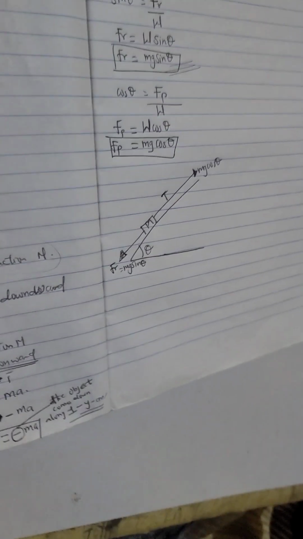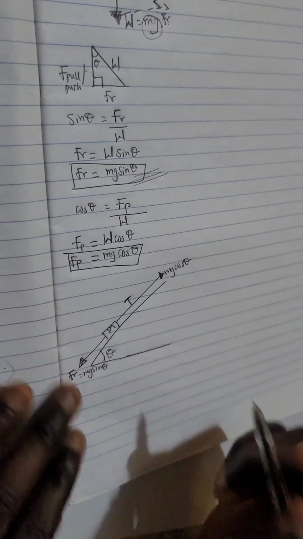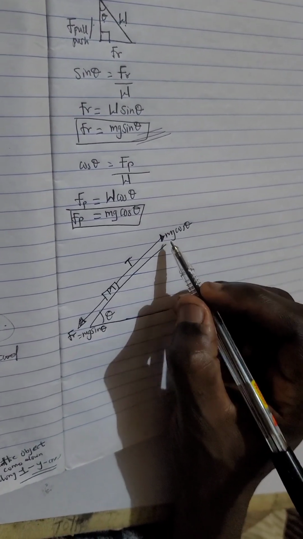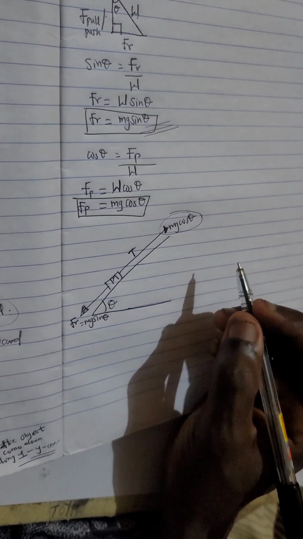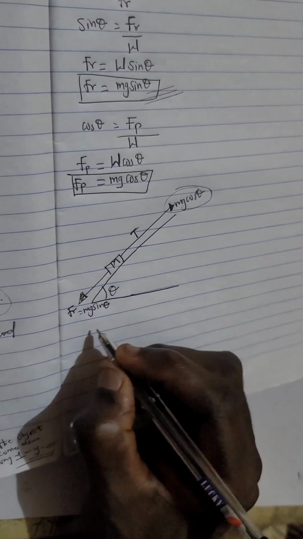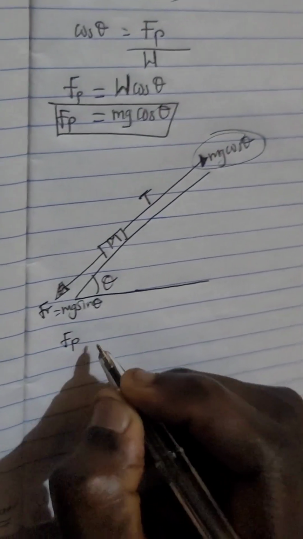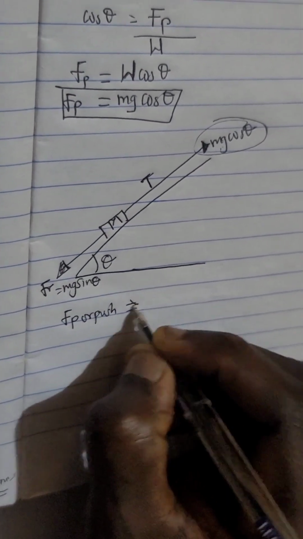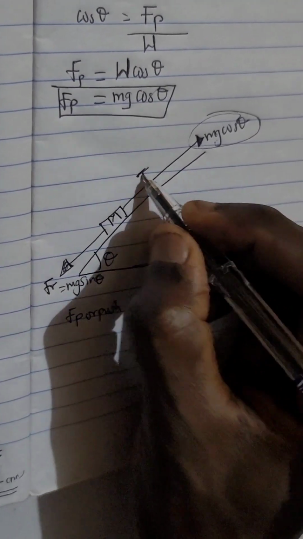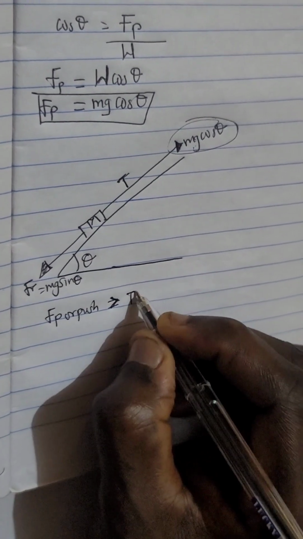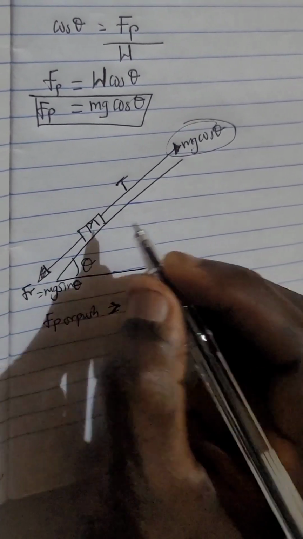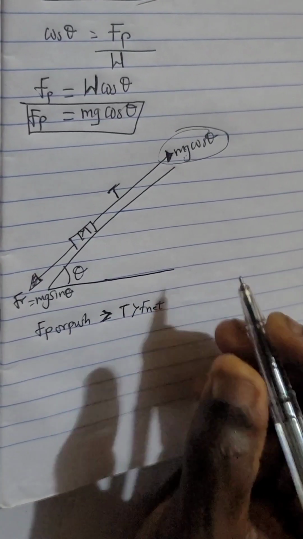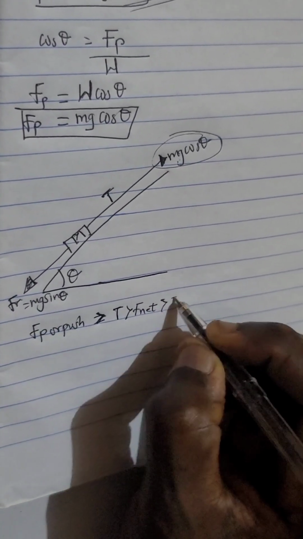Now, how do we solve this? If we are given this force, it means that this force of pull or push will be greater than the tension. It's going to have its net force. Net force will be greater than what? The frictional force.